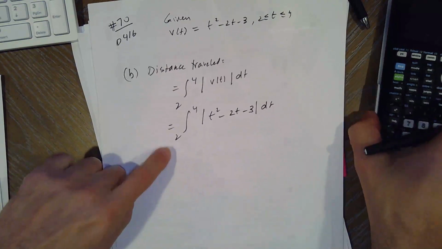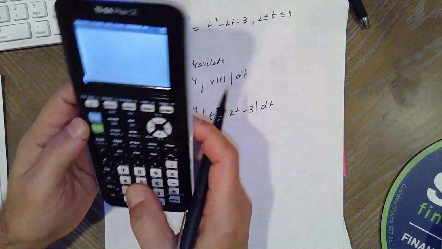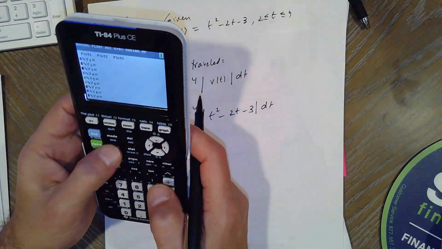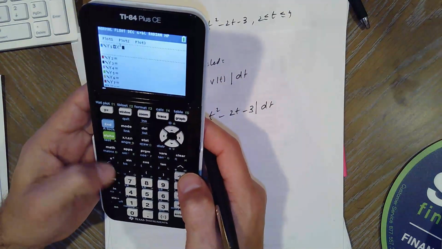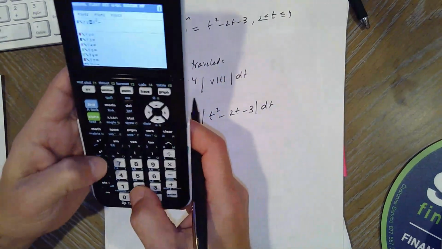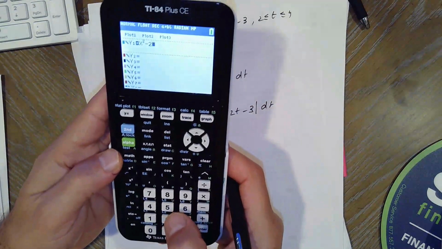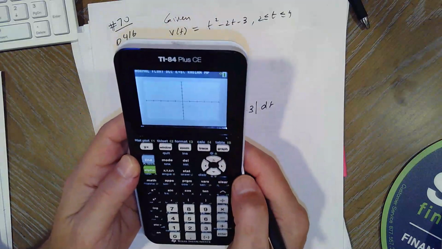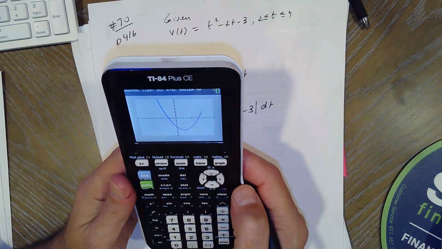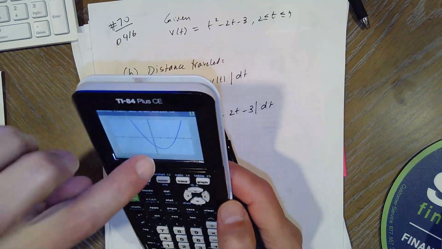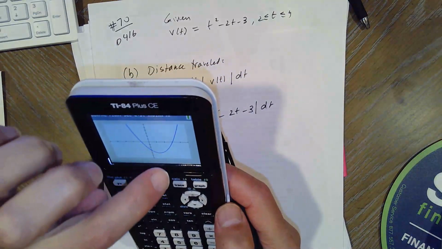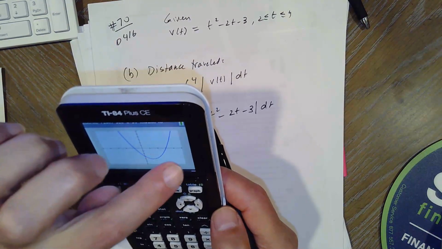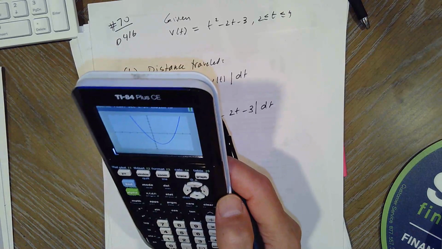So if you look at the interval between 2 and 4, for y equals x squared minus 2x minus 3, and then if you graph it, you can see between 2 and 4, from 2 to 3 and then 3 to 4, the part is negative and part positive.